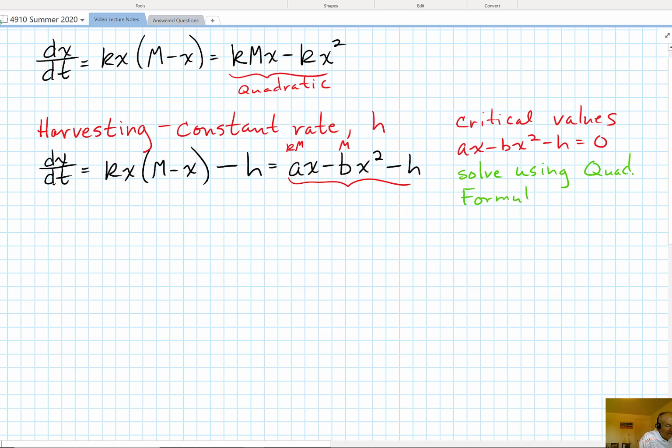Now, we don't go into this idea, but we know that quadratic equations are going to have either 0 real solutions, 1 real solution, or 2 real solutions. And the number of real solutions depends on the coefficients, a, b, and h in this case. So when we switch from 0 solutions to 1 solution, or from 1 solution to 2 solutions, those represent bifurcation points.